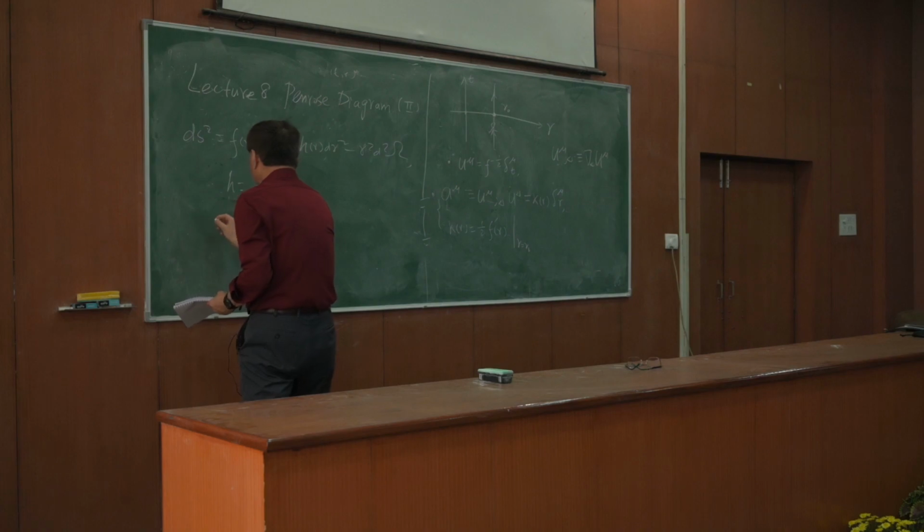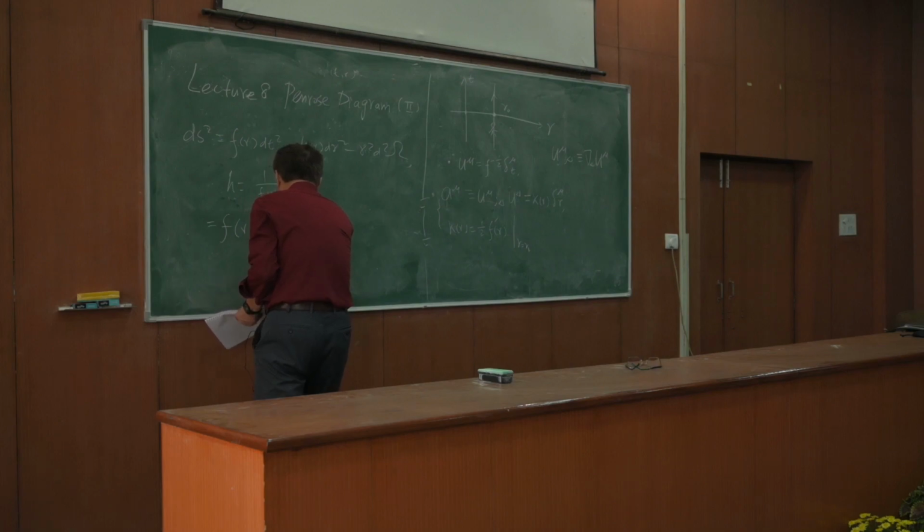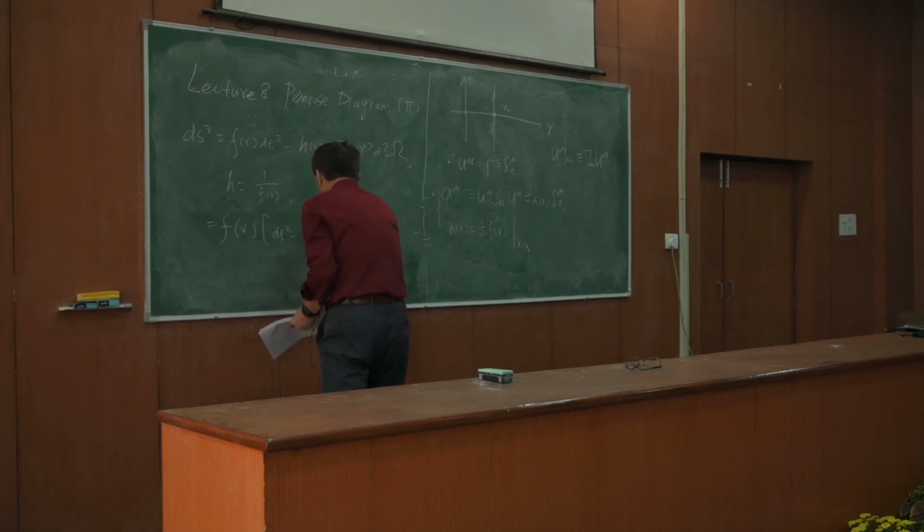This will equal F R dt squared minus H R F R dr squared.